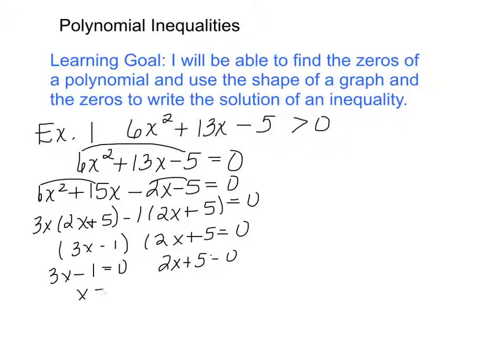So x would be 1/3 and negative 5/2. So my zeros would be 1/3, 0 and negative 5/2, 0.